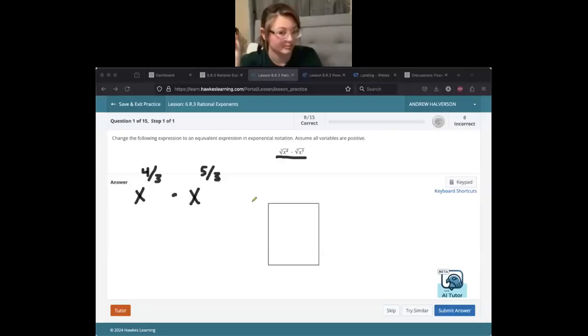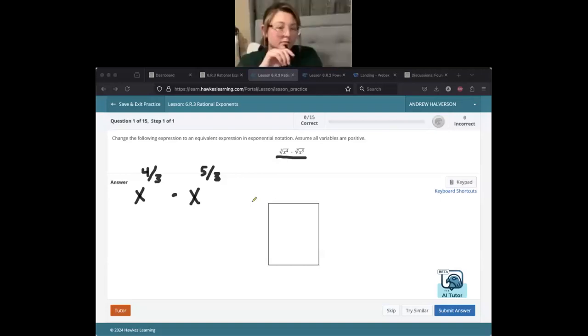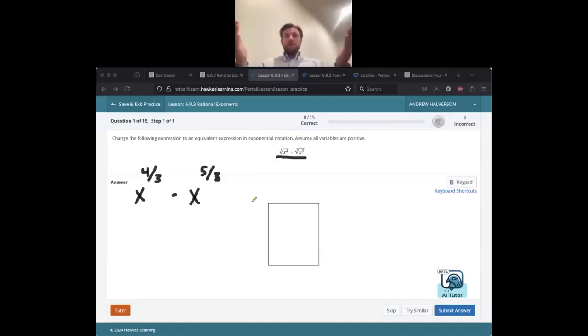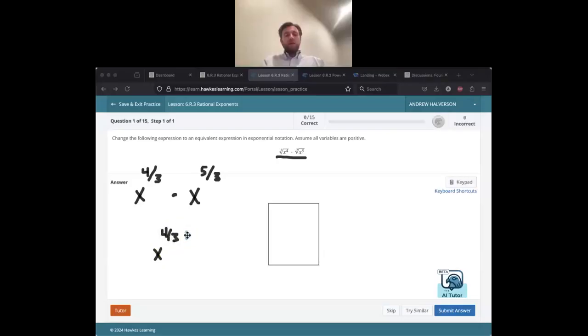Don't focus on the exponents yet. Focus on the base. What's the base in each? They're both the same. They're both x, and they're multiplying each other. What do we do with the exponents in that case? You add them. When you have the same base that's multiplied, you add the exponents. So we end up adding the 4/3 and the 5/3.